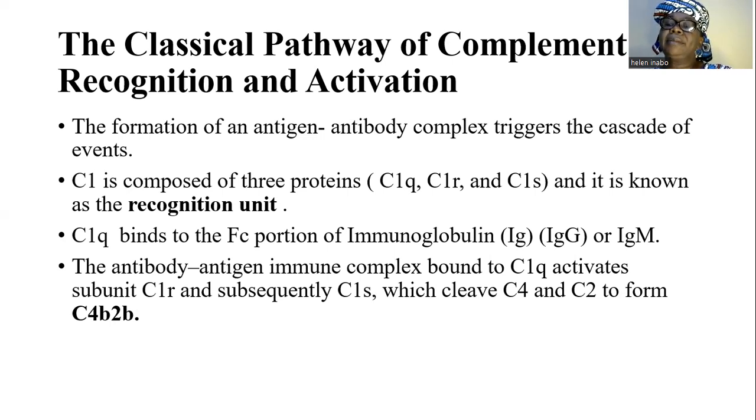Next in line is the C2 component, which is also cleaved into C2a and C2b. The C2a is the small fragment, while the C2b is the larger fragment, which combines with the activated C1 components, C4b and C4b.